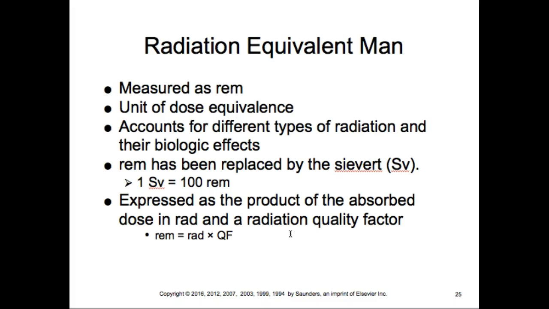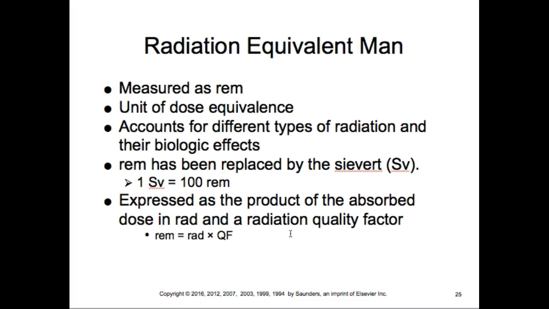The REM, which is the radiation equivalent man, is a unit of dose equivalence. It accounts for the different types of radiation and their biological effects. All of our badges are now read in what's called the sievert. So the REM has been replaced by the sievert. You'll still notice that Instadose still talks about the REM on your badges. They need to be changed.